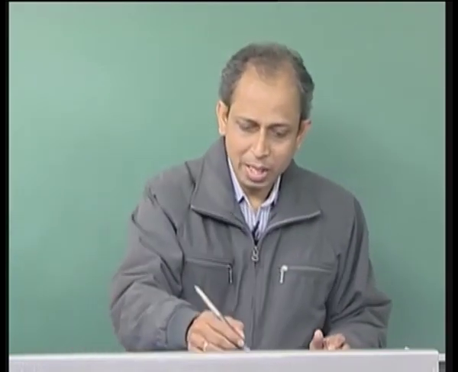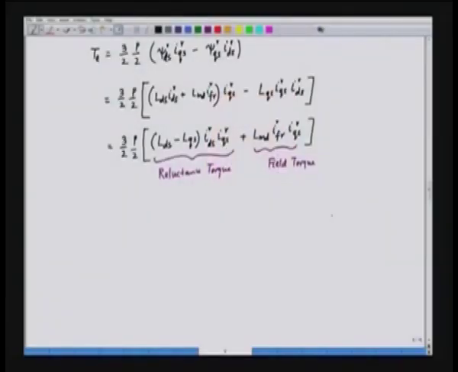In the phasor diagram what we saw there, that we have the field current, and we have this is the D axis, and we have the Q axis, and we have the current.